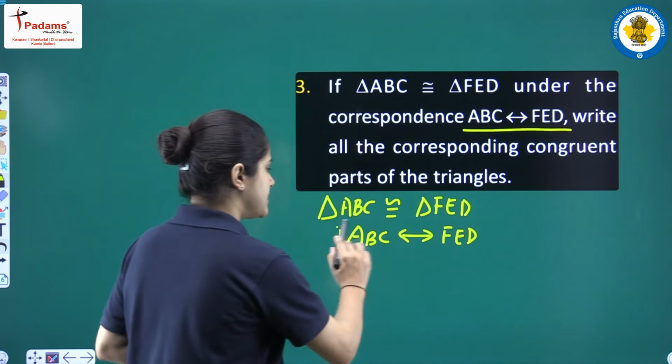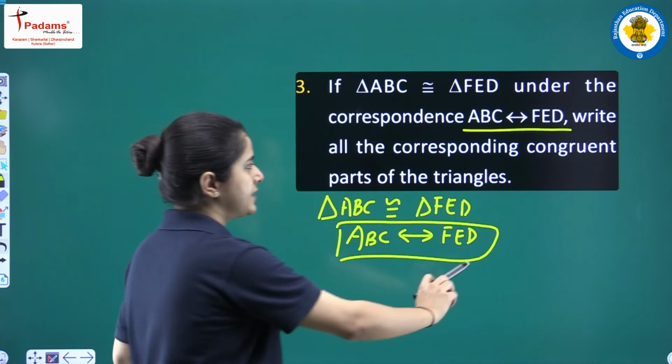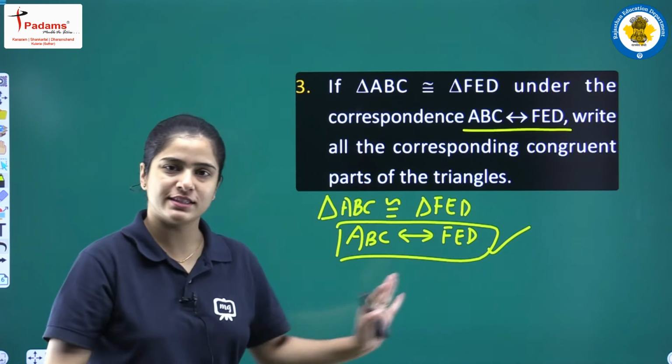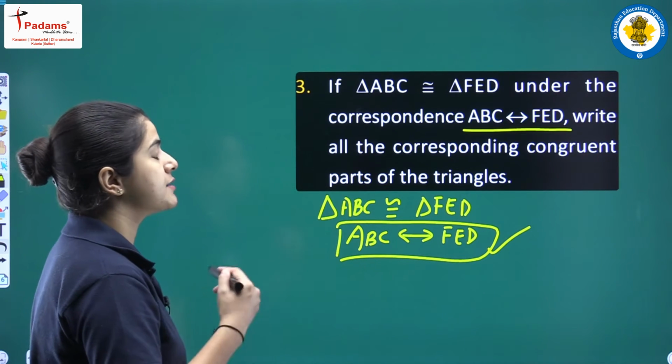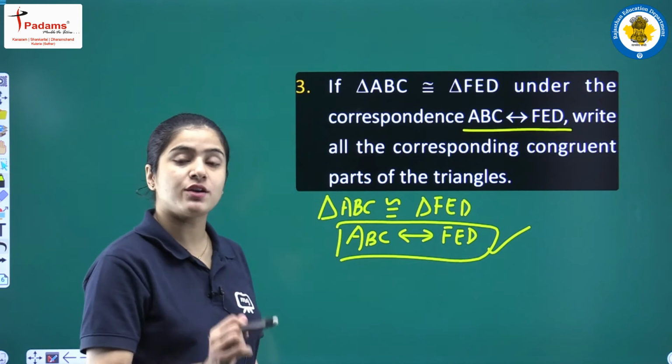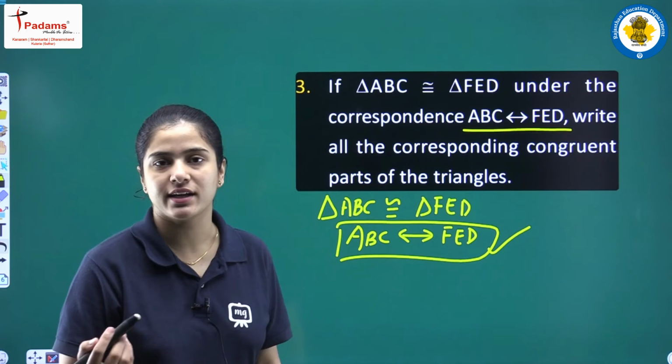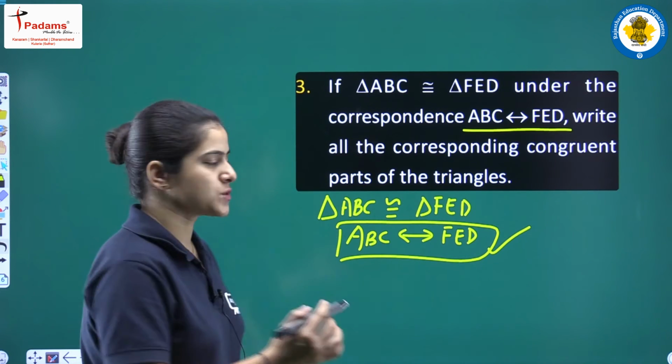Alright, the correspondence is this. We have to write the corresponding terms based upon this correspondence. So write all the corresponding congruent parts of the triangle.